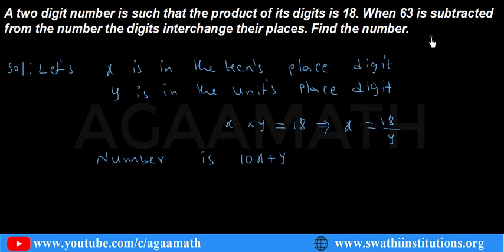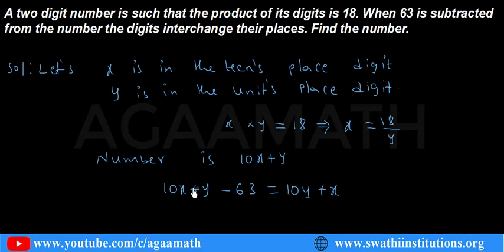When 63 is subtracted from the number, 10x plus y minus 63, the digits interchange their places, meaning y goes to the tens place and x comes to the units place. The number then appears as 10y plus x.